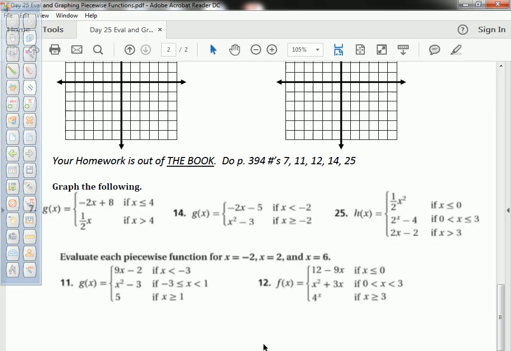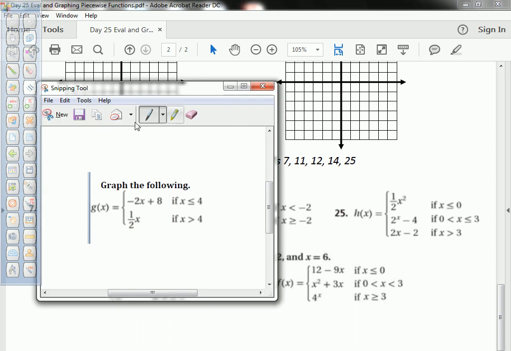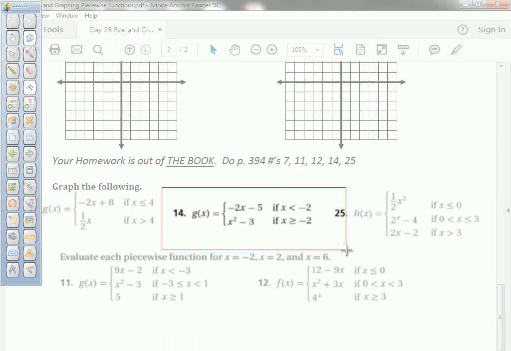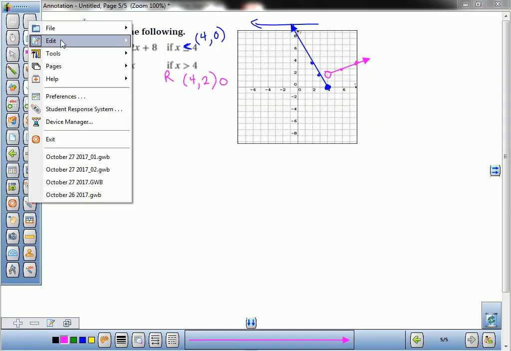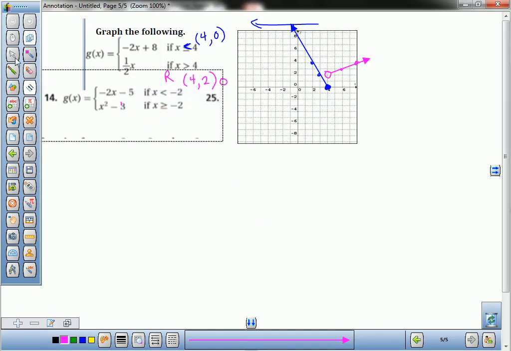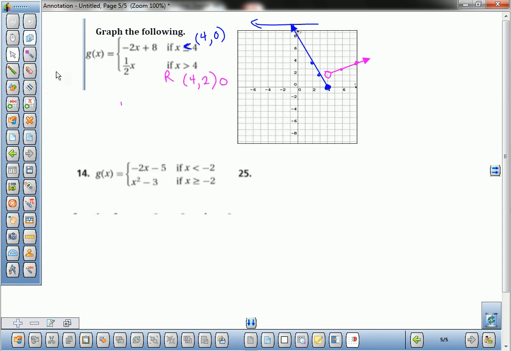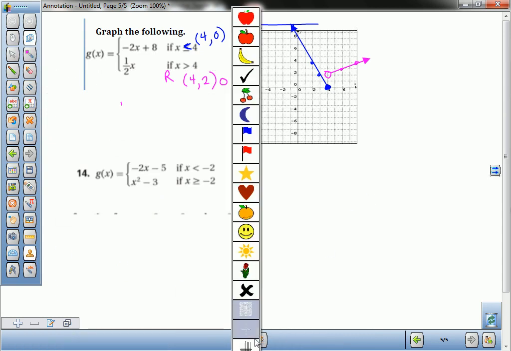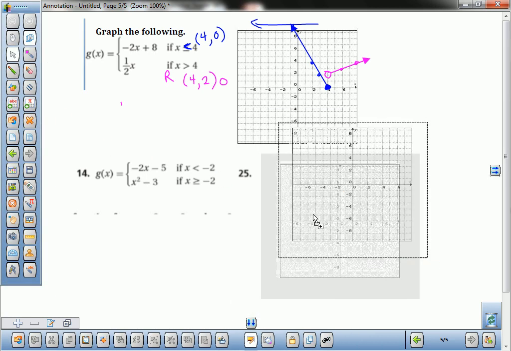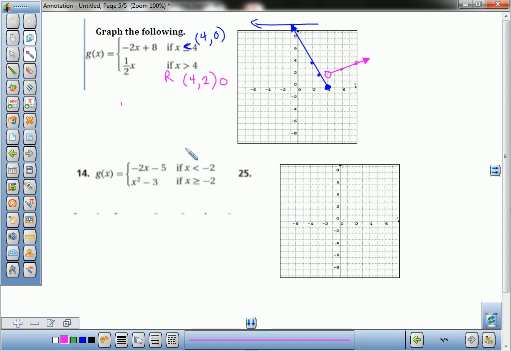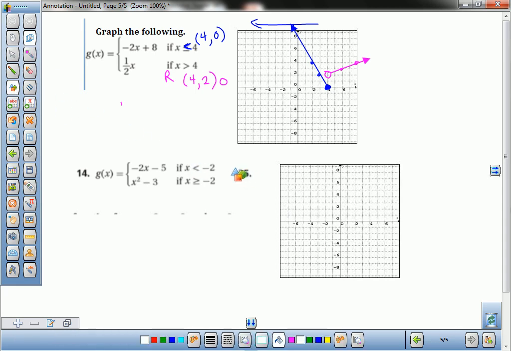Okay, next one. All right. So the starting point for the first one.